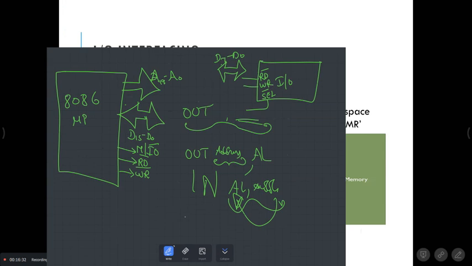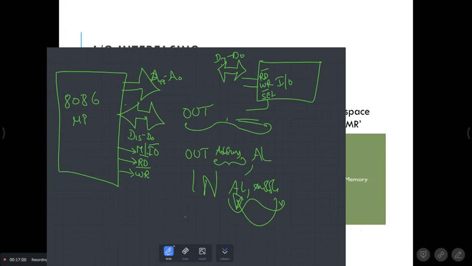So that is what you are mentioning in this. So this method of exchanging data between the microprocessor and IO directly by locating the address is called IO mapped IO, or isolated IO. Have you understood this now? Okay.